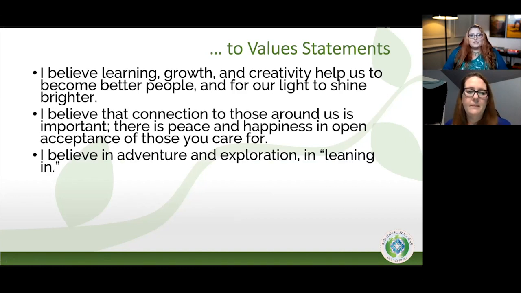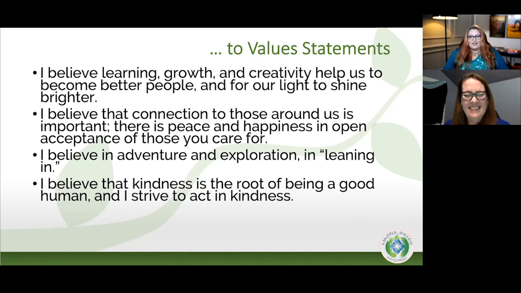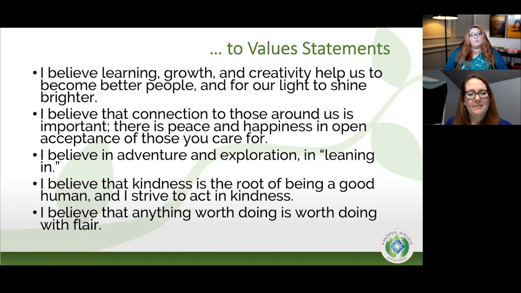And then adventure. I believe in adventure and exploration, in leaning in. And for kindness, I believe that kindness is the root of being a good human, and I strive to act in kindness. And then flamboyance. I believe that anything worth doing is worth doing with flair.